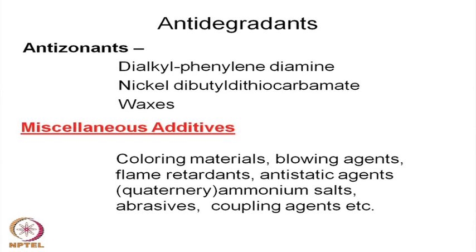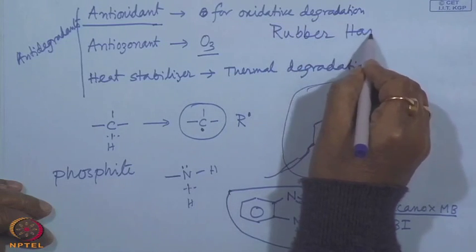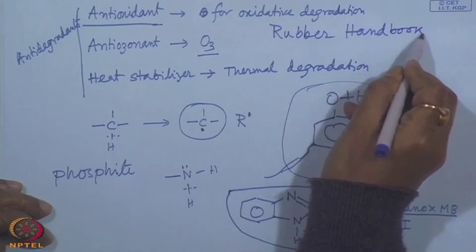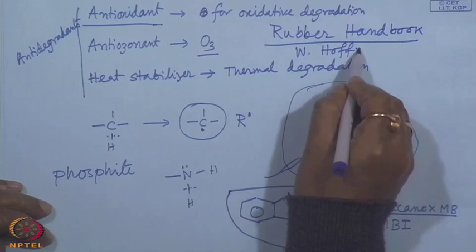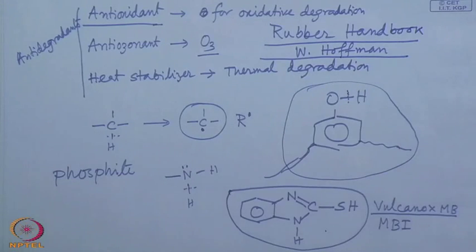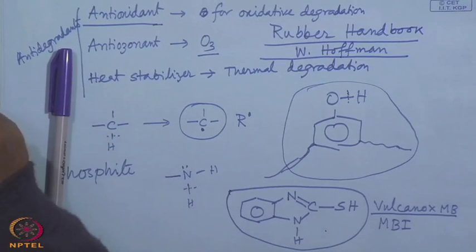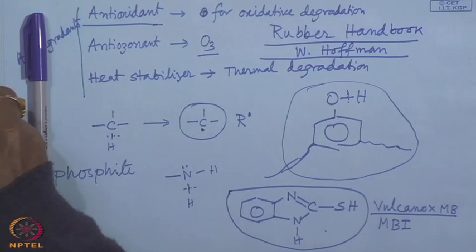If somebody wants to know details, he is referred to the Rubber Handbook by W. Hofmann, an excellent book on polymer rubber additives. Additive chemistry is excellently and exhaustively described in this book.